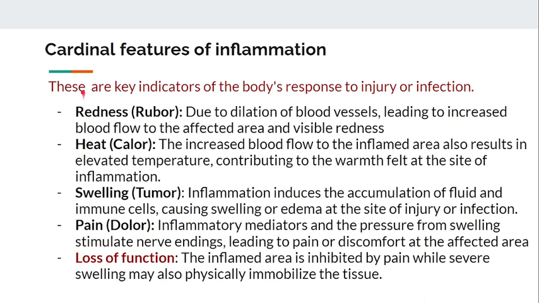Okay, so all these features, rubor, calor, tumor, dolor, they can lead to loss of function at that specific site of injury. Okay, so the inflamed area is inhibited by pain, while severe swelling may also physically immobilize the tissue. Okay, so all these features. So features of inflammation, there are four: redness, heat, swelling, as well as pain.